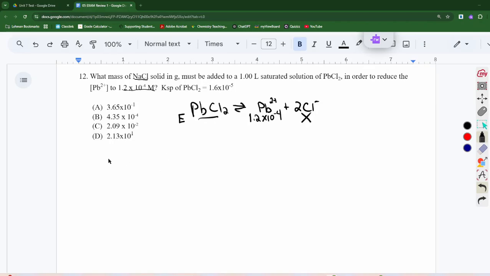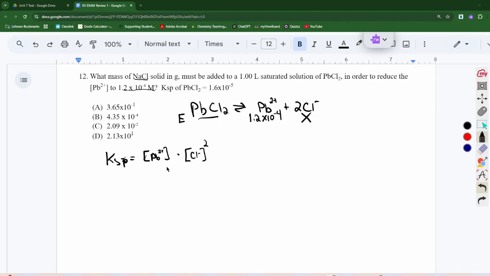Let's write out our equilibrium expression. KSP is equal to the concentration of lead ions times the concentration of chloride ions squared, right? Products over reactants.